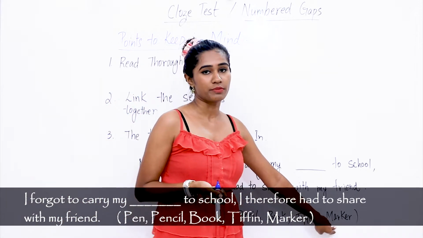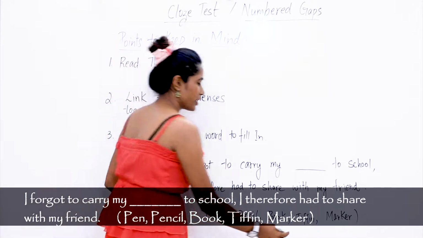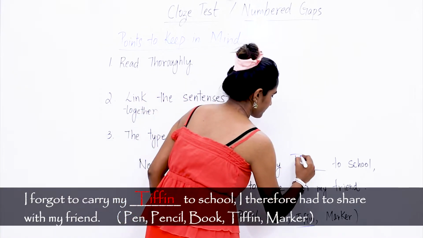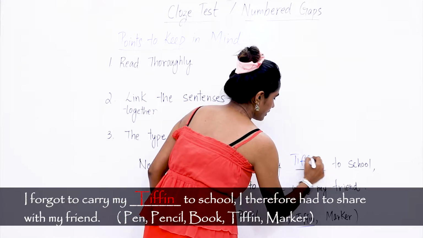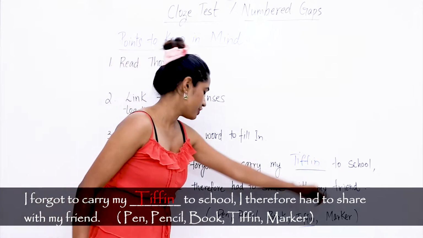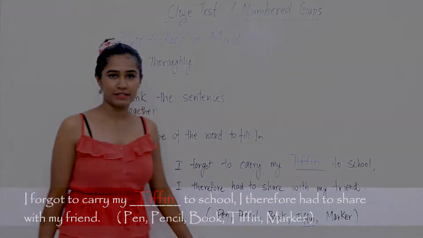Marker again cannot be shared. So when we read both the sentences, the appropriate answer which fills in here is tiffin. So we get: I forgot to carry my tiffin to school. I therefore had to share with my friend.